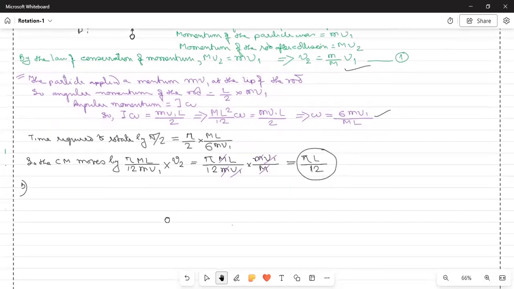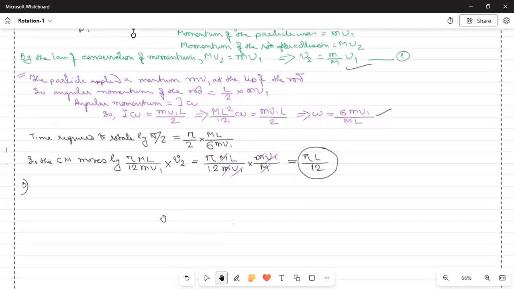The condition of elastic collision is that the relative velocity before the collision will be equal to the relative velocity after the collision. Here, the rod was still or static before the collision, and the particle was moving.